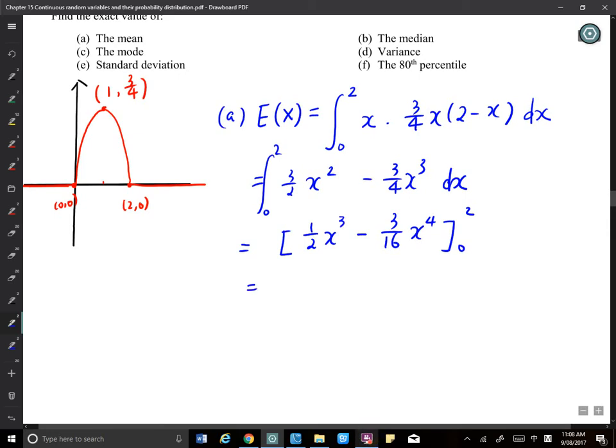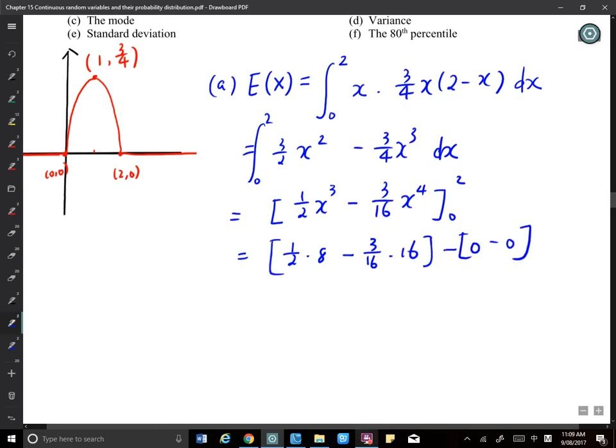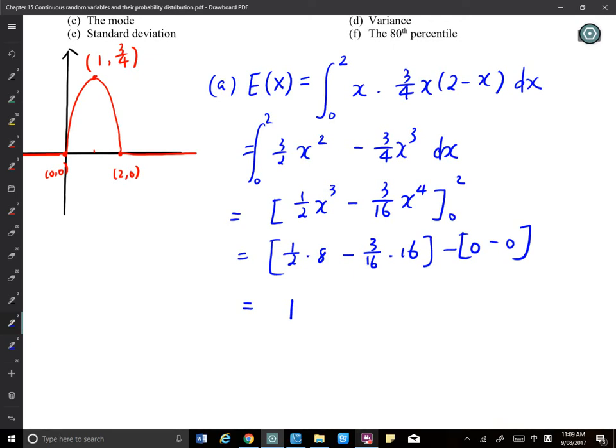If I put 2 in, that's 1 on 2 times 8 minus 3 on 16 times 16, minus 0. 4 minus 3, I have 1. My expected value is 1.